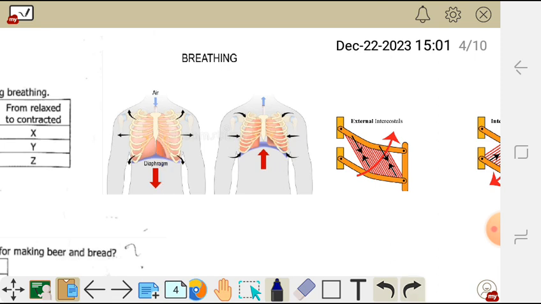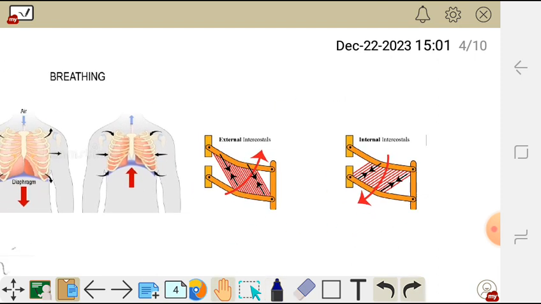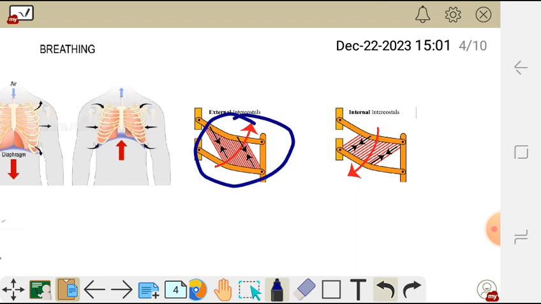Then coming to the internal and external intercostal muscles. The external intercostal muscles are going to contract, and then they will pull the ribs upward and outward. So these are the external intercostal muscles here, and these are the internal. When this one contracts, it pulls the ribs inward.